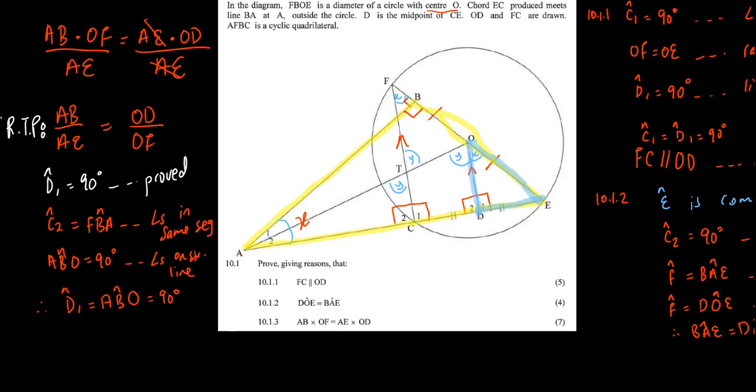One last pair. That's it. Do you see it? Angle E is common. Yes, it's in the blue one, it's also in the yellow one, isn't it? So therefore we then say just the third one.